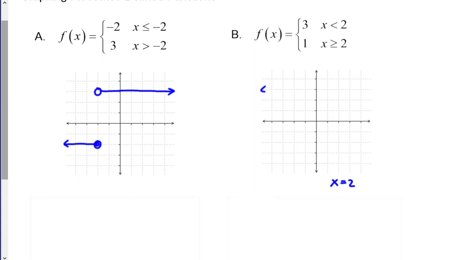So I have a horizontal line, positive 3, up to positive 2, but not including. And then starting from positive 2, I now have a horizontal line at 1, which looks like that. So especially if you just have constant functions, these are generally pretty easy to draw.